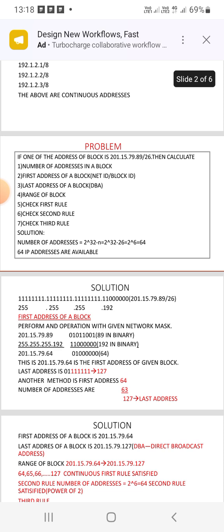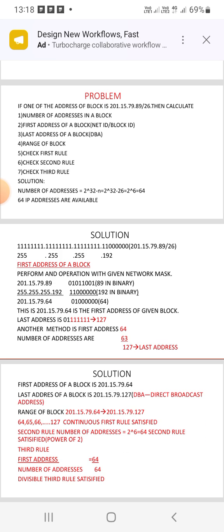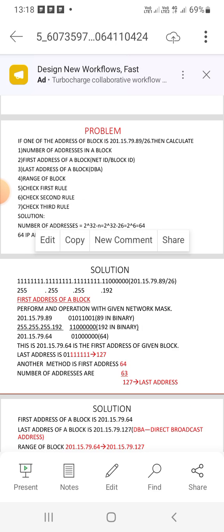First one is solved. Next, slash 26 means 26 ones followed by zeros, that is 255.255.255.192. The last octet can be converted into binary format. To find the first address of the block, perform an AND operation with the given network mask.